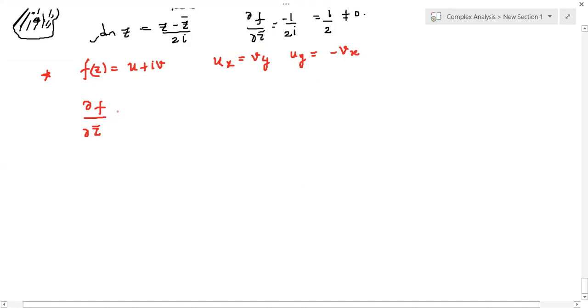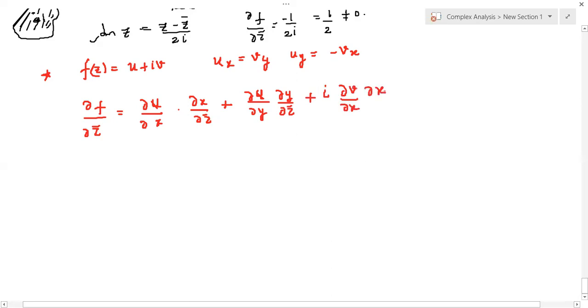So del f upon del z bar is equal to del u upon del x into del x upon del z bar, the same thing that we did there, plus del u upon del y into del y upon del z bar, plus iota del v upon del x into del x upon del z bar, plus iota del v upon del y into del y upon del z bar. So I hope it is clear.